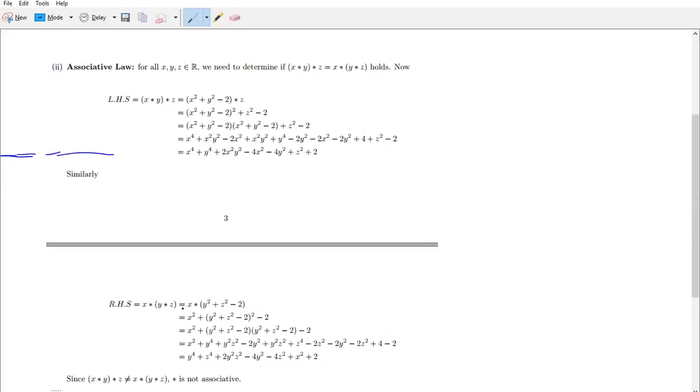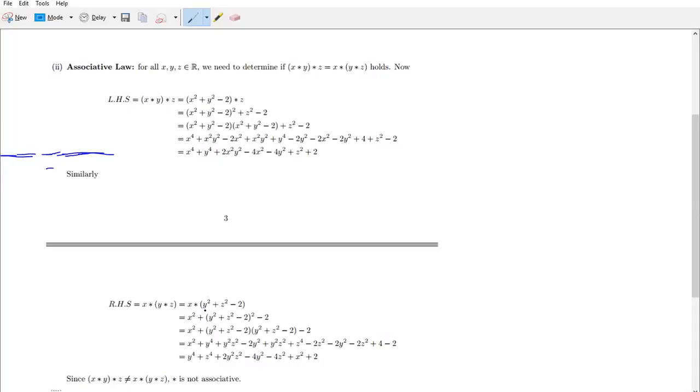In other words, where there is x, I've replaced it with y, and where there is y, I've replaced it with z. And then x remains outside like that. So in this expression, y squared plus z squared minus 2, where there is y, I'm replacing it with x.